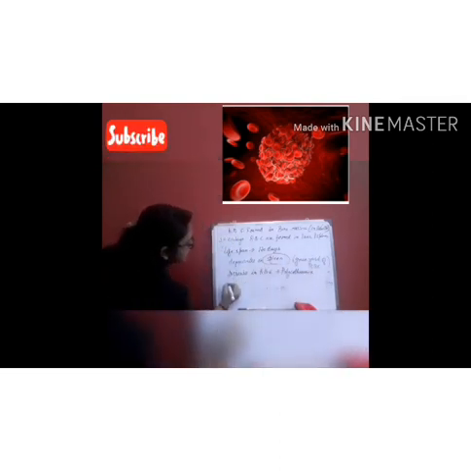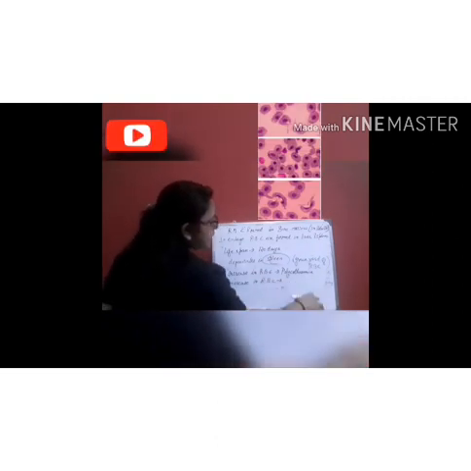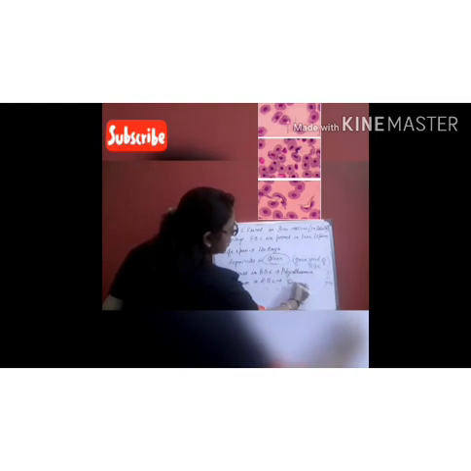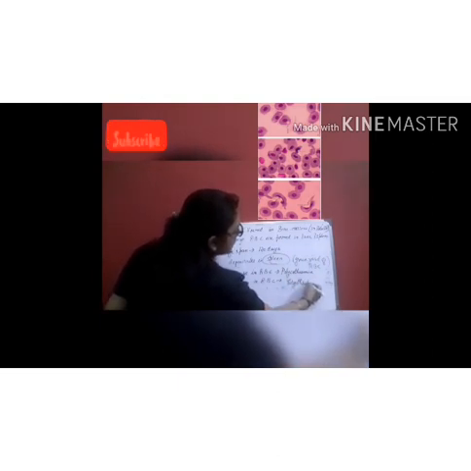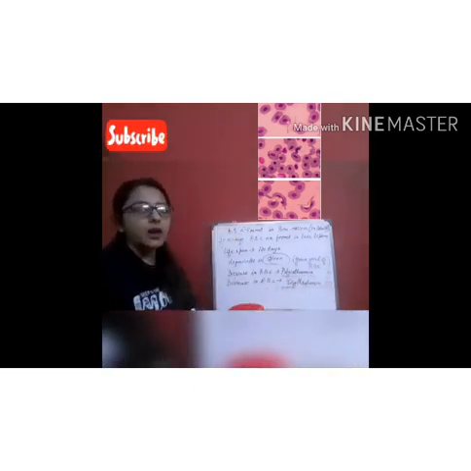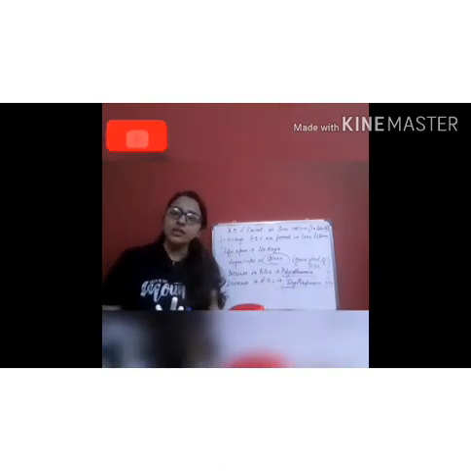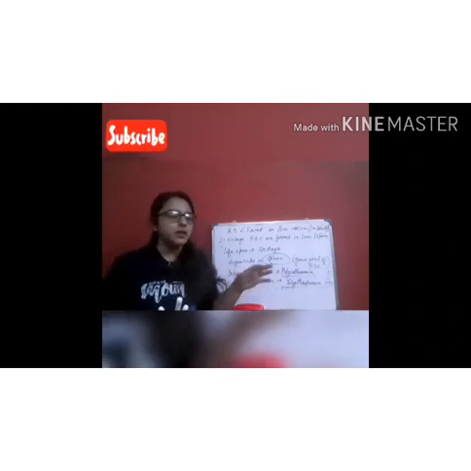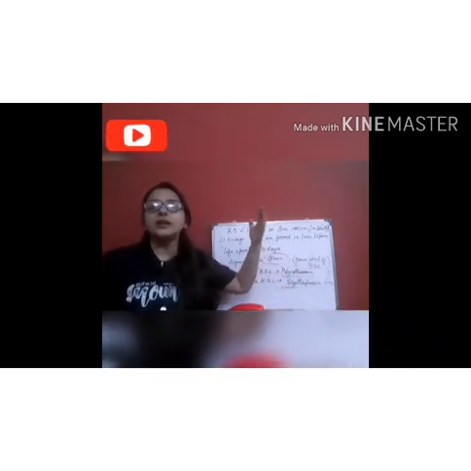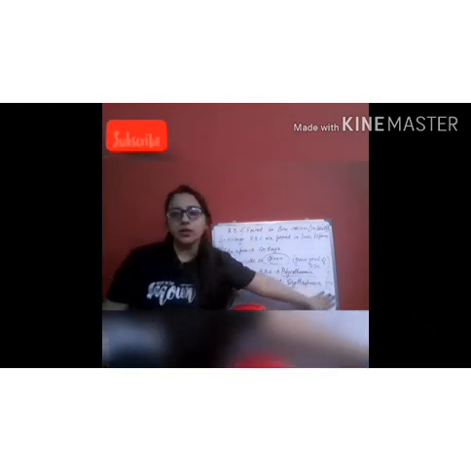And when there is an abnormal decrease in RBC, this condition is called erythropenia. This is also one marker question: what do you mean by polycythemia, and what do you mean by erythropenia? When there is an abnormal increase in RBC inside our body, it is polycythemia. And when there is an abnormal decrease in RBC inside our body, this condition is called erythropenia.